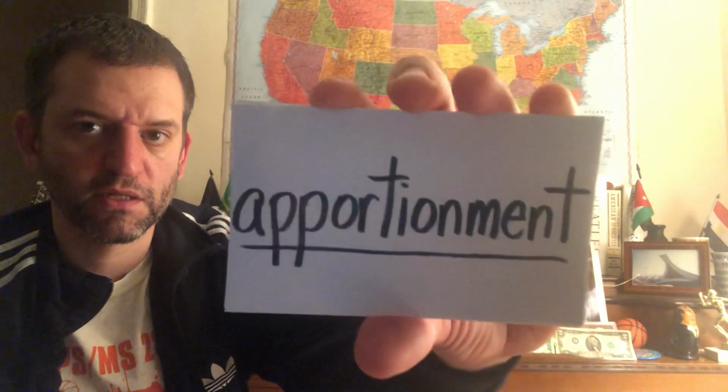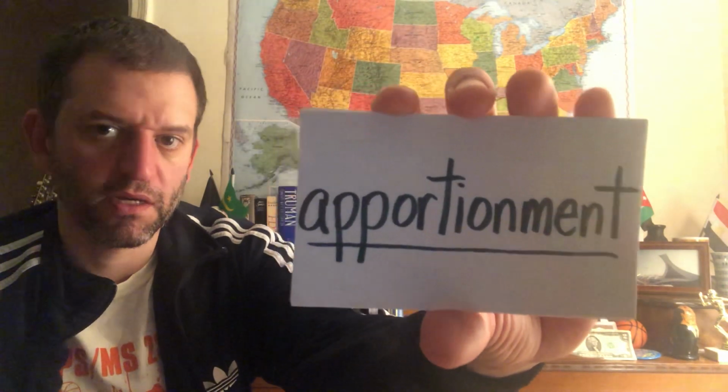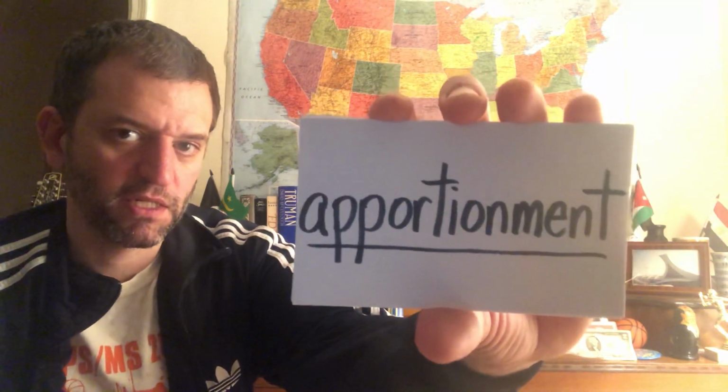Once the census is taken, the government can go to the next step, which is apportionment. Apportionment means giving each state its portion of how many members it should get. So the more people you get, the more members you will get.